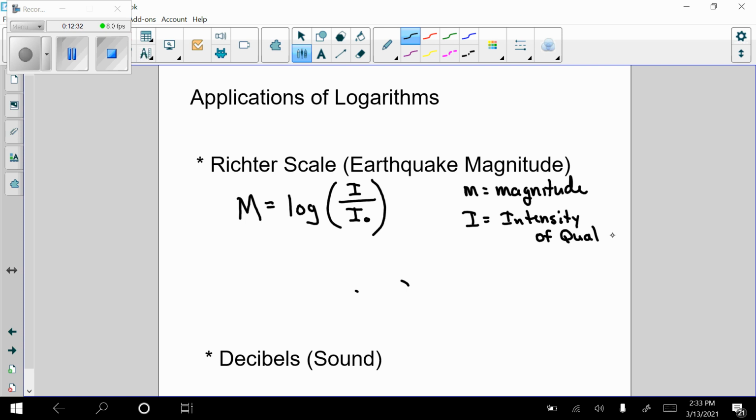And I sub 0 is the intensity of the threshold. It's called the threshold quake. Basically, the threshold is the smallest detectable earthquake.